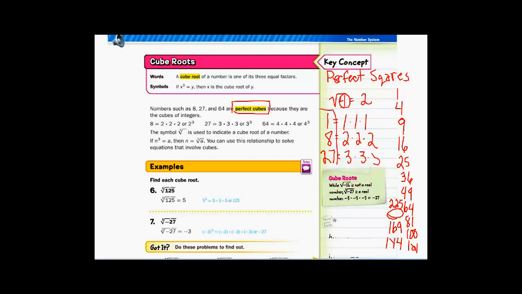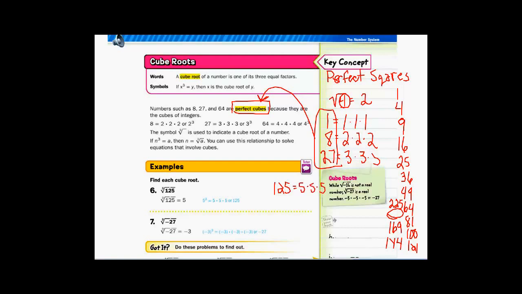So all of these right here are perfect cubes. All right, so 8, 2 times 2 times 2. 27, 3 times 3 times 3. 64, 4 times 4 times 4. All right, 125 is a perfect cube because it is 5 times 5 times 5.